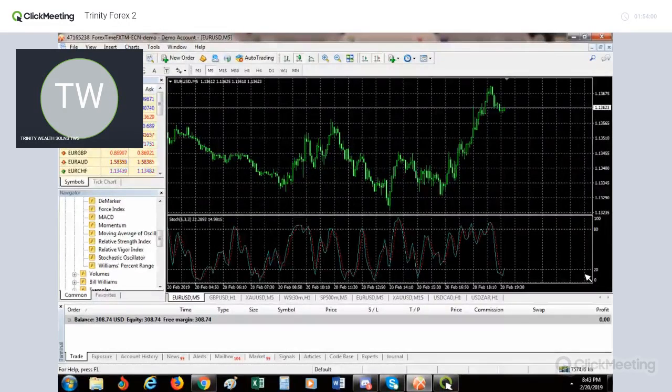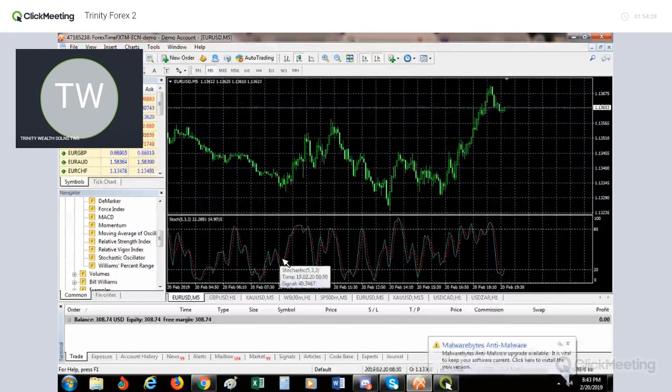Now this one, still the range is 0 to 100, but the overbought position occurs when it reaches 80, and the oversold position is reached when it goes below 20. So the stochastic uses the range of 20 to 80 to determine oversold and overbought positions. That's the difference between the stochastic and RSI.